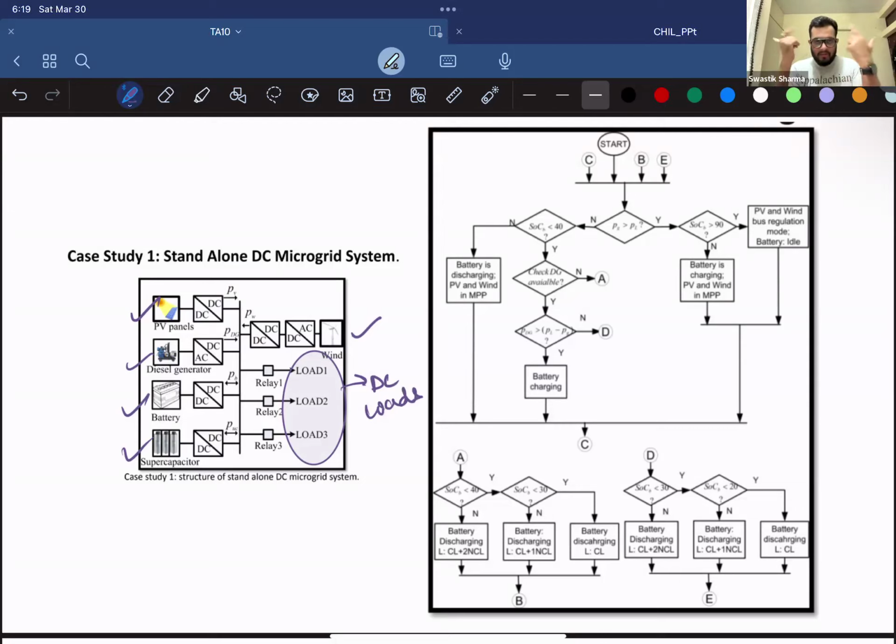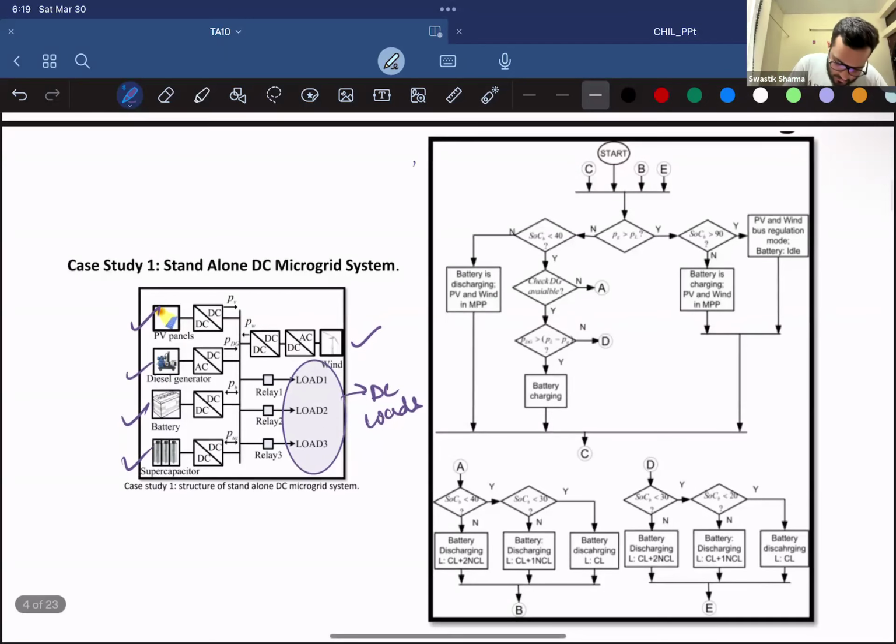To control a DC microgrid, you have to set the voltage reference. In this voltage reference, you check how much power you can take from the grid, if at all you can. If you are taking power from the grid, then you devise an energy management scheme.